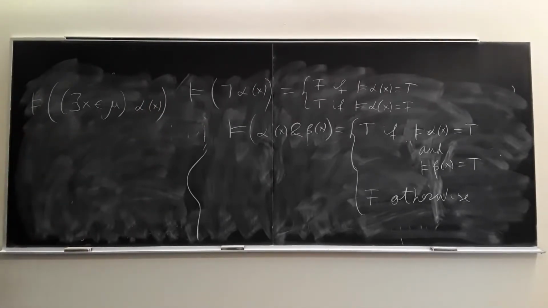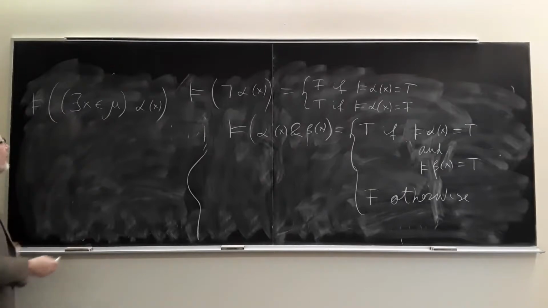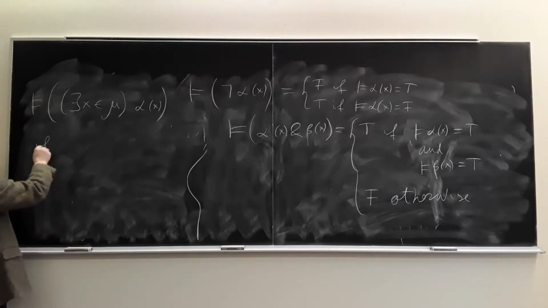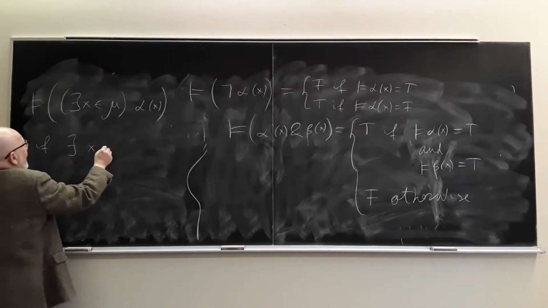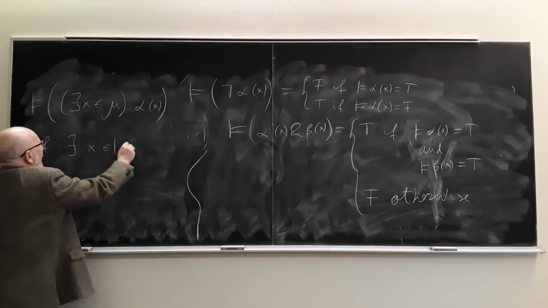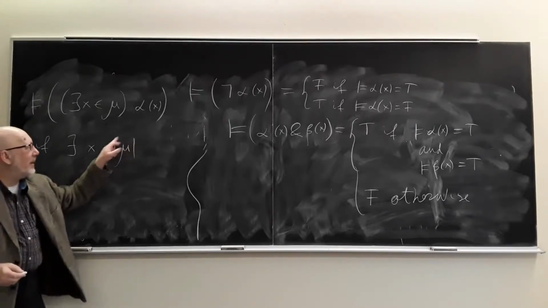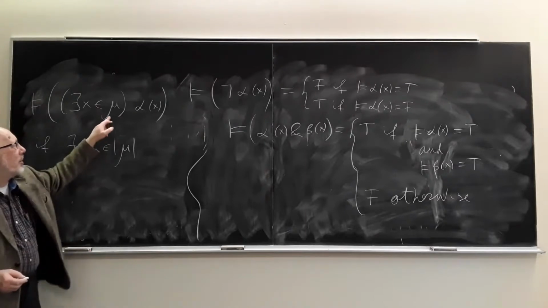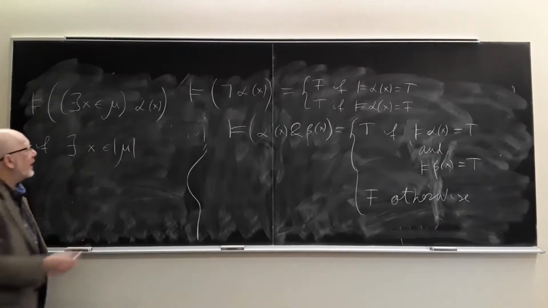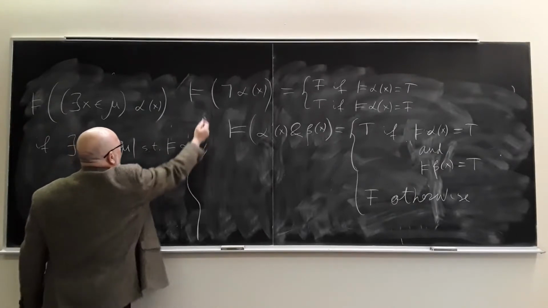So it is true when there really exists an element x in this set mu, I would say the meaning of mu, this symbol mu is some set, such that alpha of x is true.